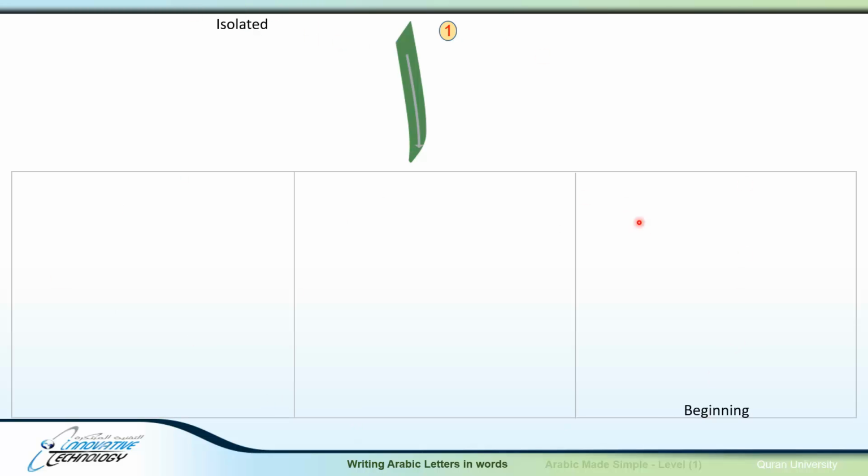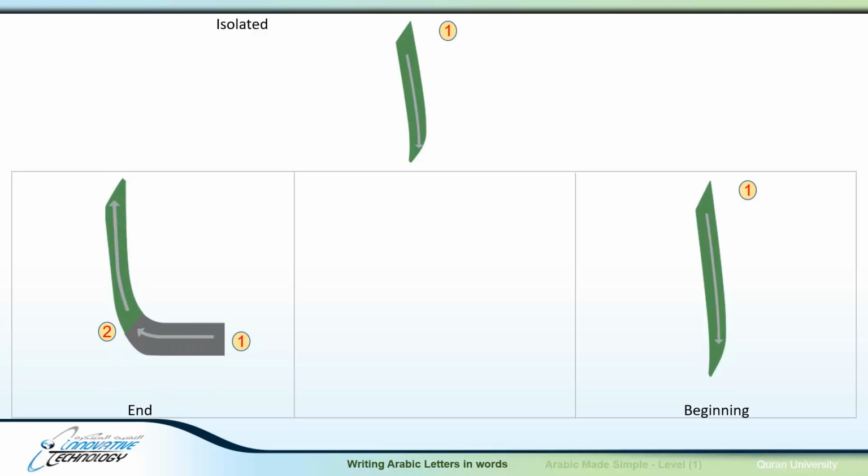Let's start with the alif. As we have learned in the previous chapter, alif is a simple stick in its isolated format. Now we take the three forms, the beginning, the middle, and the end. At the beginning it looks exactly like its shape in the isolated format, a simple stick. But at the end, it is preceded by a dash, and then the stick is written.